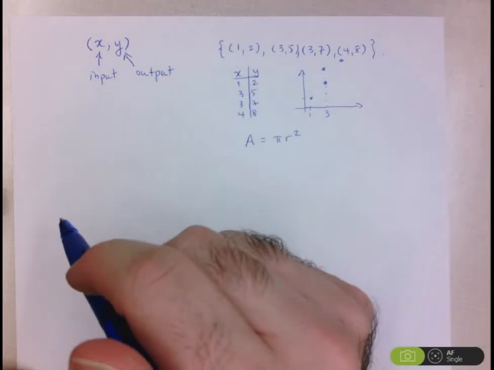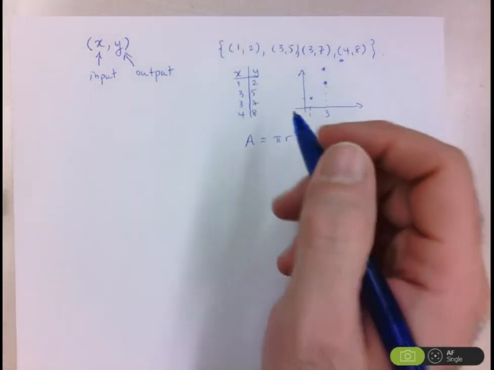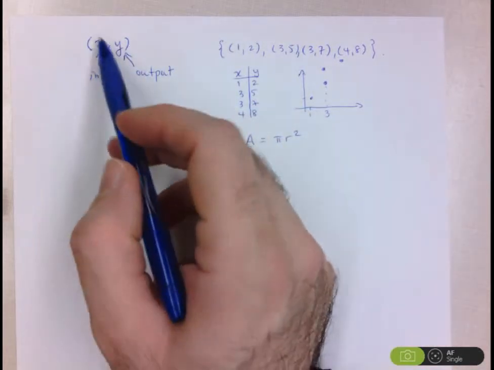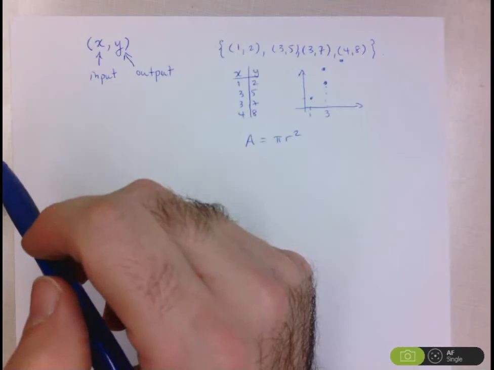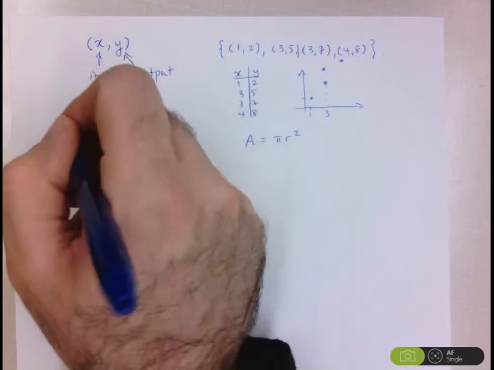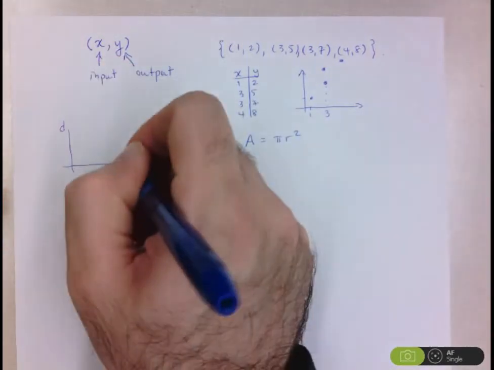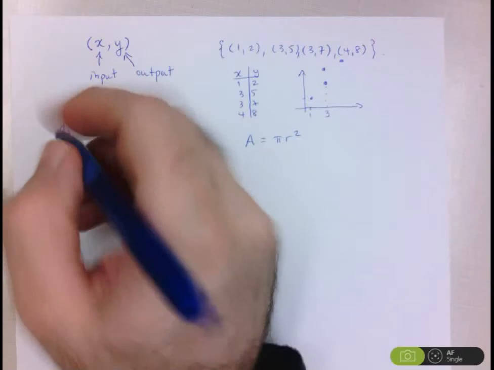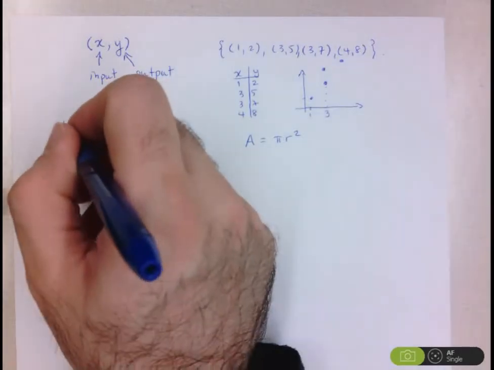Now there's something else we're interested in, because sometimes we want to look at the set of all the inputs. For example, let's say we have a distance versus time graph, and let's say I'm walking from my school to my house, and d is the distance from my house.